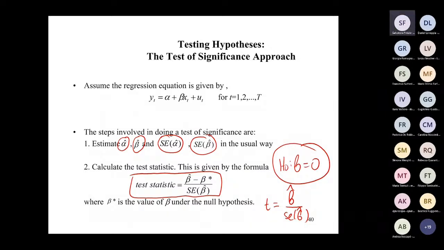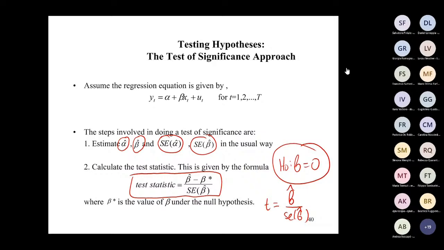Very good point. Who was talking? Salvatore, very good, thank you very much. So when we are testing whether beta equals 0, in fact, what we are testing is whether X can help me in explaining Y. One more time, this is important, I'm going to repeat it.